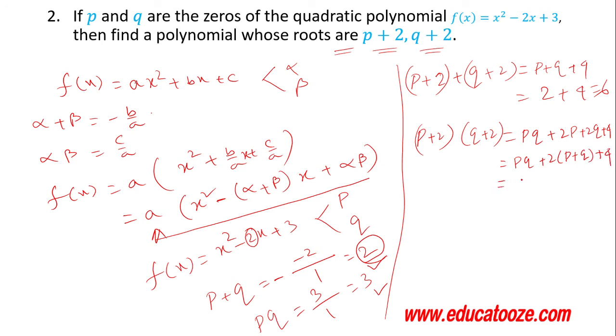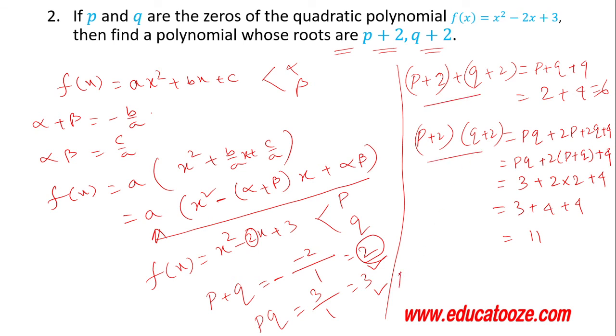What is pq? Pq is 3. What is p plus q? It is 2. That means 3 plus 4 plus 4, we get 11.